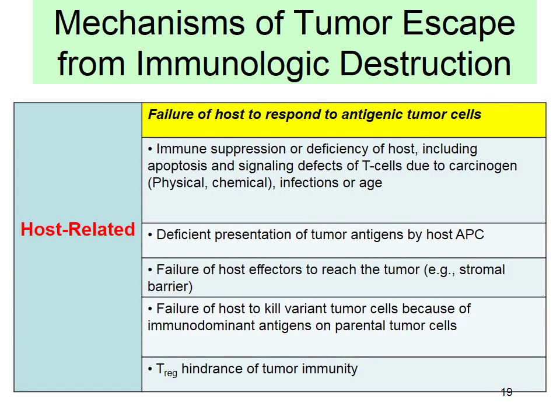As far as the host is concerned, of course, you may have a problem with immune suppression, deficient presentation, or a failure of the host. So you can see many things on your part: you're not smart enough, your immune system is weak or deficient. And one of the important things that I've talked about quite a few times is that Tregs are taken over by the cancers.